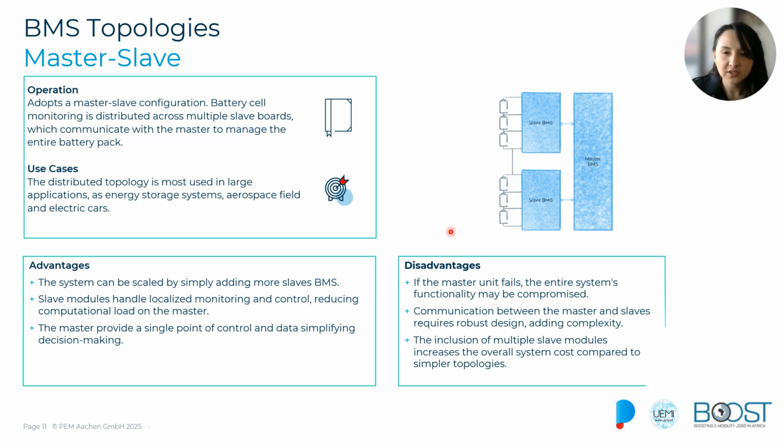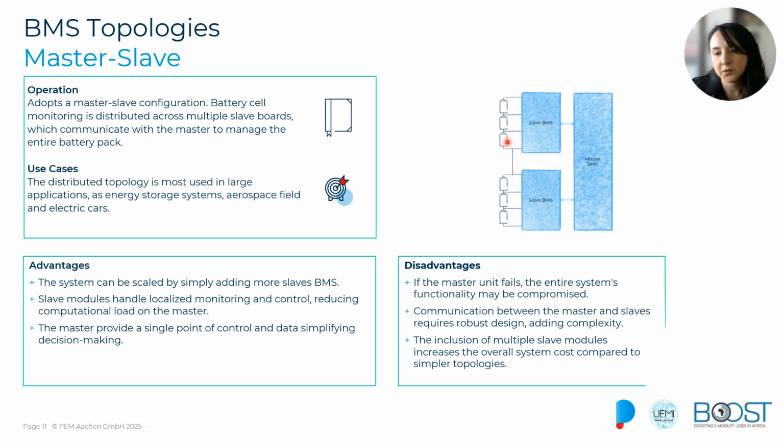Some of the advantages of this system: as with the modular approach, it is scalable. So if we want to add new modules, it's relatively easy to include them, and it makes it very interesting for large battery packs and high capacity applications.